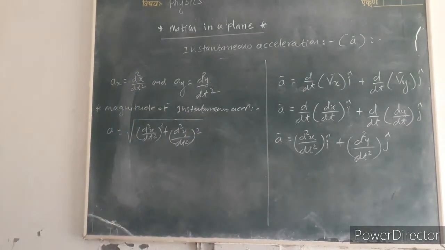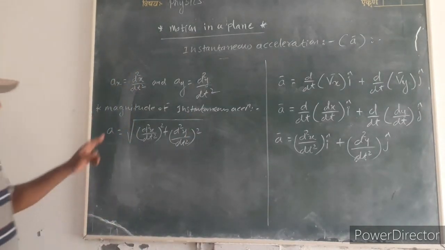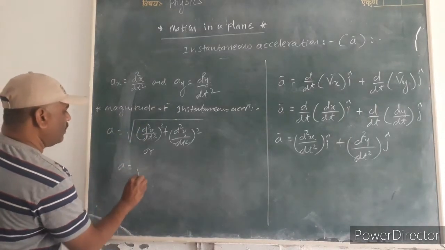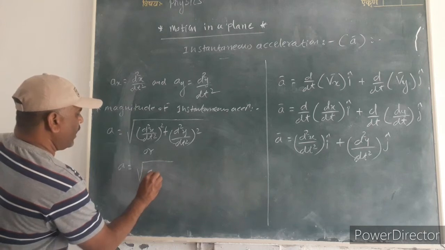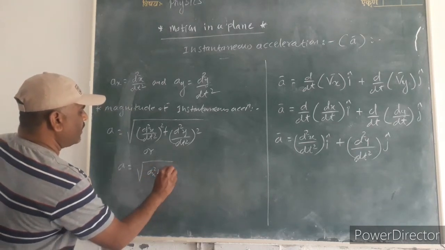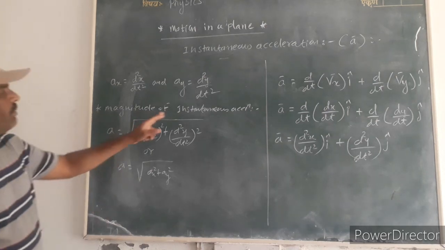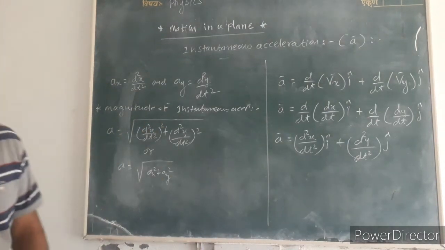Using this equation, we can determine the magnitude, or a is equal to under root ax square plus ay square. This equation also gives the magnitude of instantaneous acceleration.